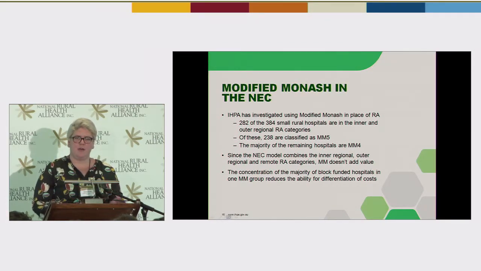So we don't have homogeneous cost profiles between groups. At the moment, we've had a bit of trouble teasing out how we would implement the disaggregated Modified Monash, but it's something we continue to look at.